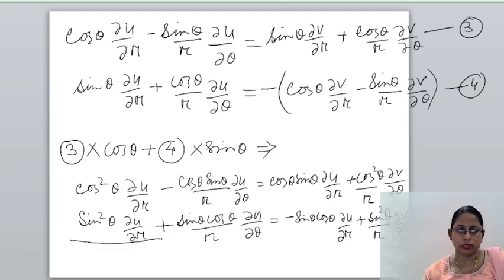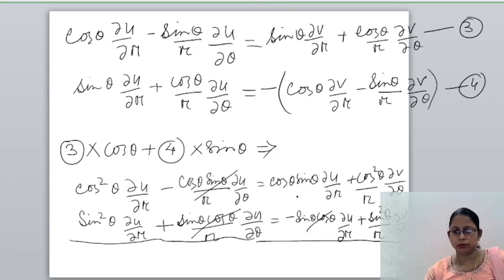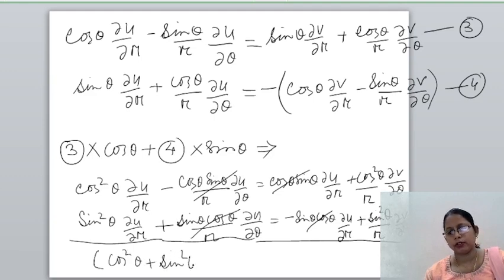Now add these equations. Left hand side will be added to left hand side, right hand side will be added to right hand side. This will be cancelled, this will be cancelled, this will be cancelled. Take del u by del r common. Within bracket it will be cos square theta plus sine square theta, del u by del r.